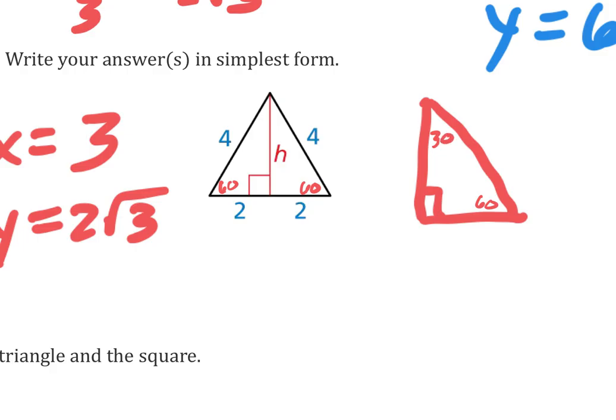This is going to be a 30-degree angle. We know this is 2. This is what we're looking for. And this is 4. Okay? And so this would be my k. This would be my 2k. So h is really the k radical 3 side. So the length of h is 2 radical 3.